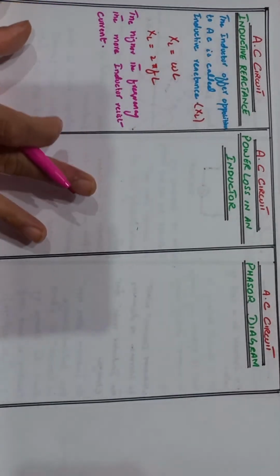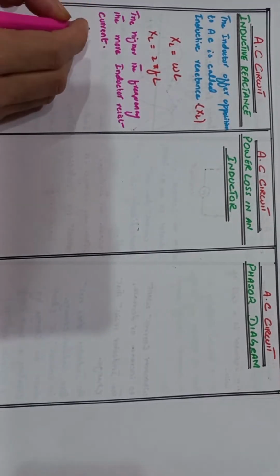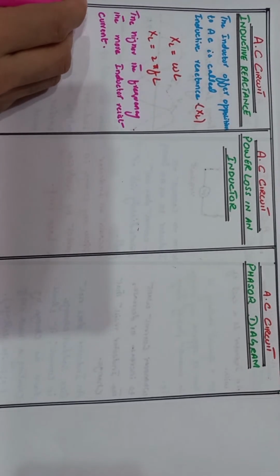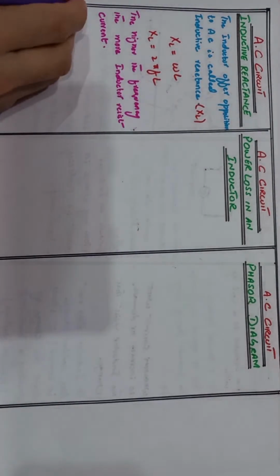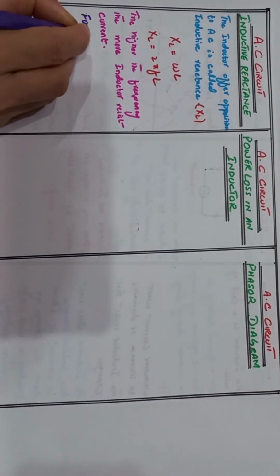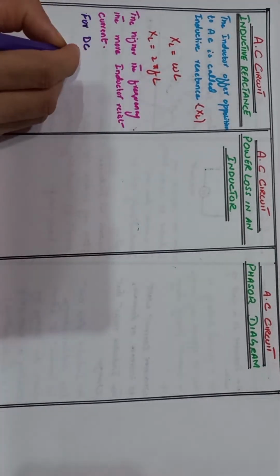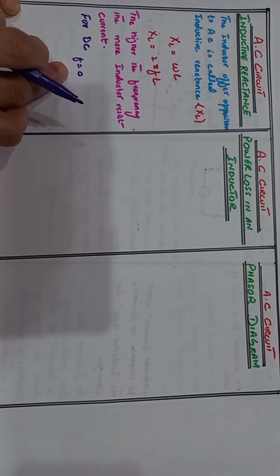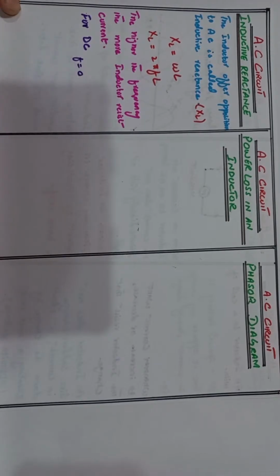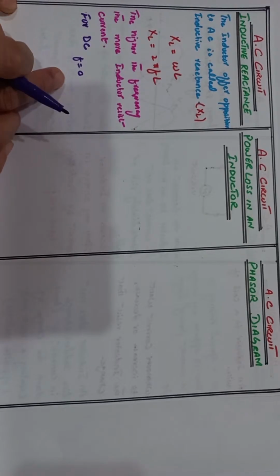One thing to remember: in DC the frequency is not changed, so when DC current is applied through the inductor, the inductive reactance is zero. For direct current, frequency is zero, because an alternating voltage source has both positive and negative halves, but DC flows in one direction.